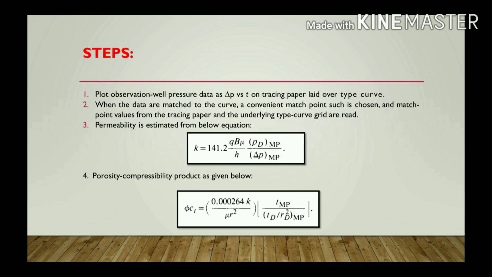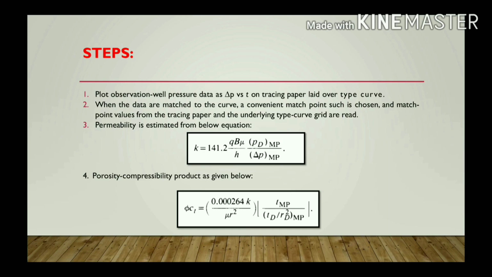In a type curve method, there are basically 4 main steps. In the first step, we plot the observation well pressure data as delta P, which is Pi minus Pws, versus elapsed time on a tracing paper.